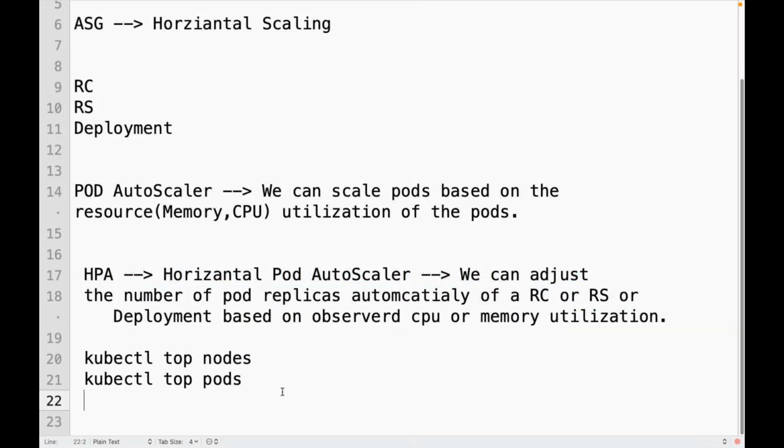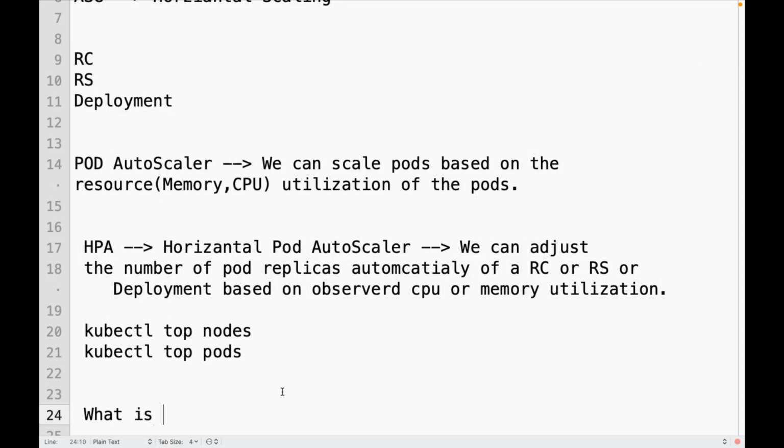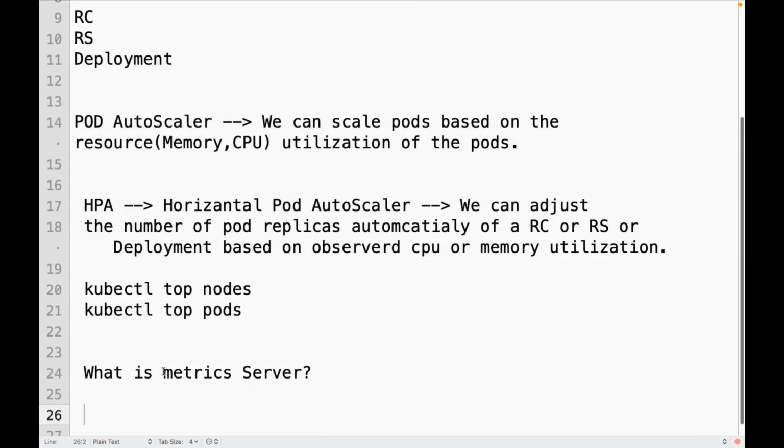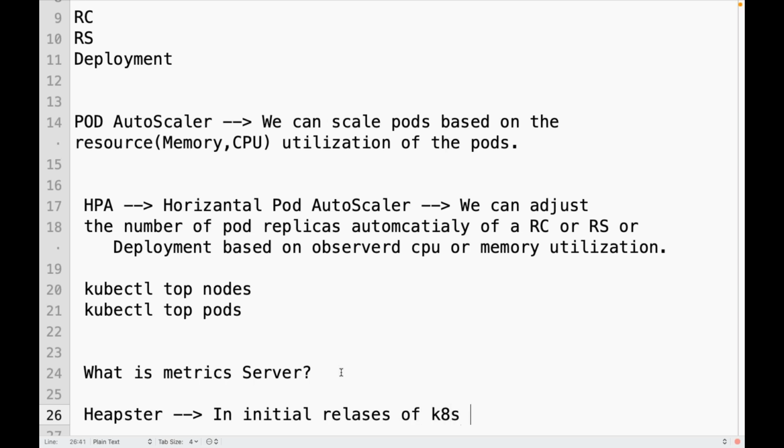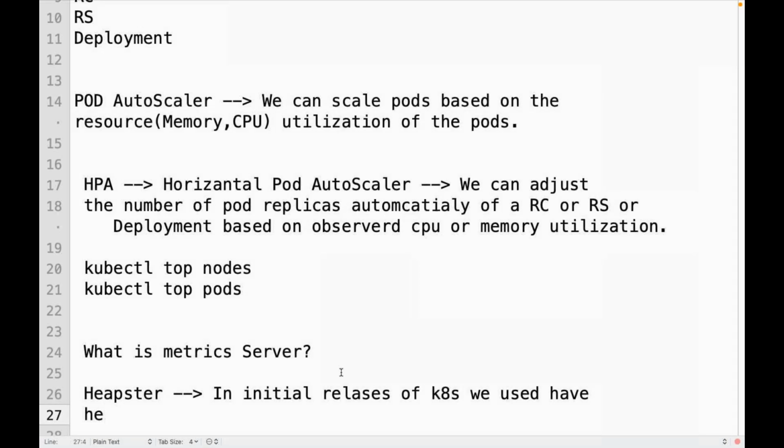Sometimes in the interview, they are going to ask, what is metrics server? Earlier, we used to have Heapster. In the initial releases of Kubernetes, we used to have Heapster by default in Kubernetes.